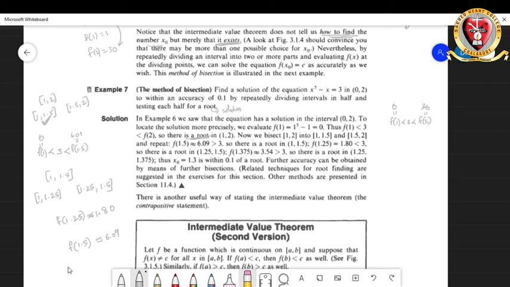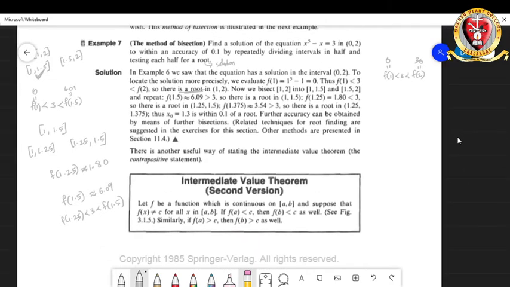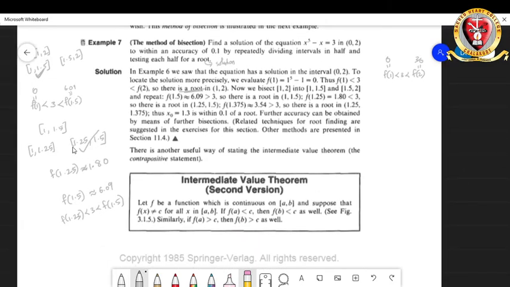That means f of 1.25 is strictly less than 3, strictly less than f of 1.5. That means existence of a root is guaranteed in the open interval 1.25 comma 1.5. The existence is guaranteed here using intermediate value theorem.